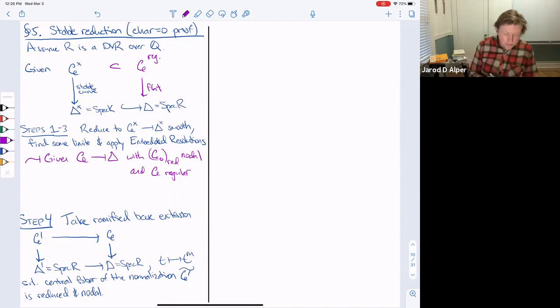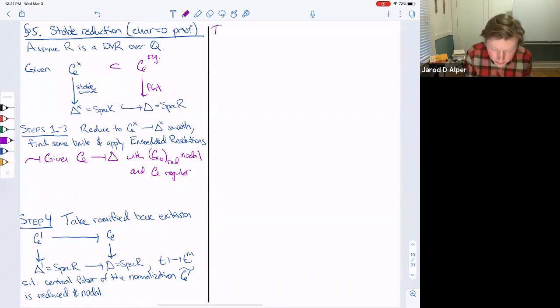Okay, so now in step 4, we take a ramified base extension. So this is just a base change of DVRs, defined by t goes to t to the m. Right, t is the uniformizer in the DVR. And what do we take for m to be?